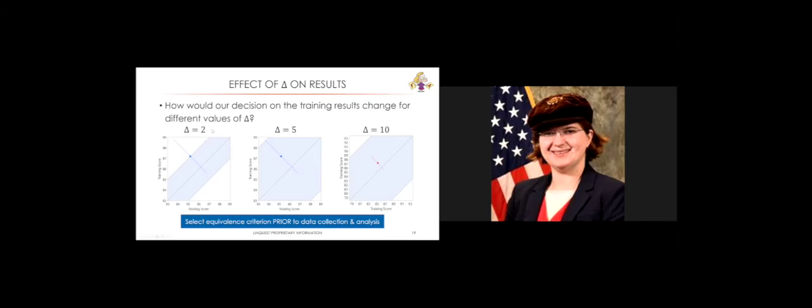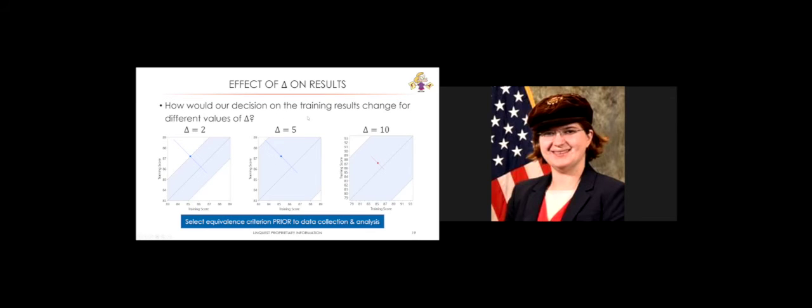If in reality the students' means had to be really essentially the same, so maybe a difference of just 2, I would not conclude statistical equivalence. This confidence interval goes well outside that region. And even if I set it to 5, it goes just outside the boundary. So again, I can't conclude statistical equivalence.